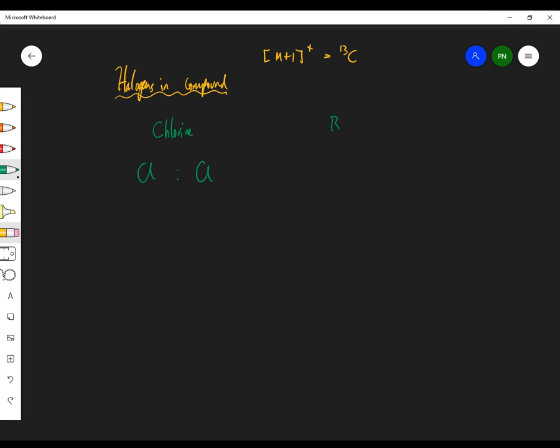Bromine comes in 2 flavors as well. Chlorine comes in 35 and 37, but bromine comes in 79 and 81. The trick of nature is that the difference between 35 and 37, and the difference between 79 and 81, is 2. That's just a fluke. There's nothing magical about that. They happen to be 2.